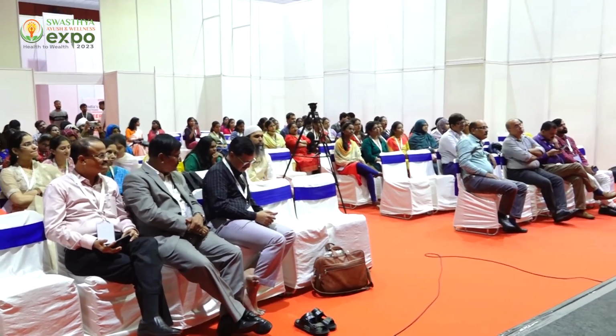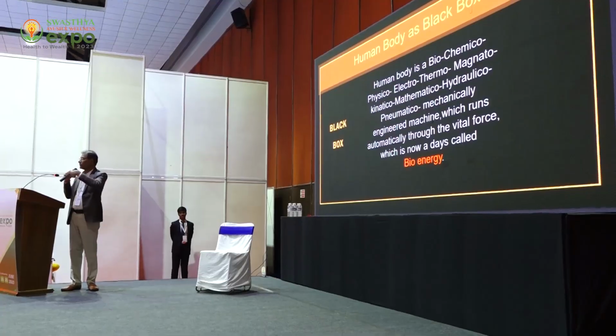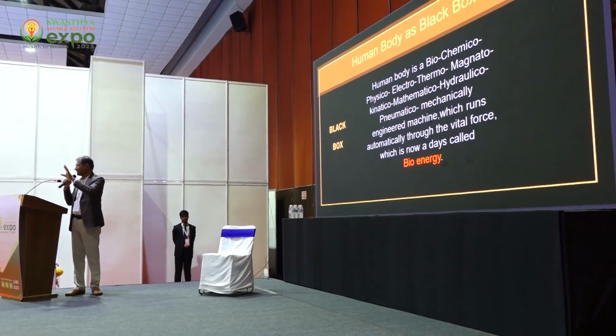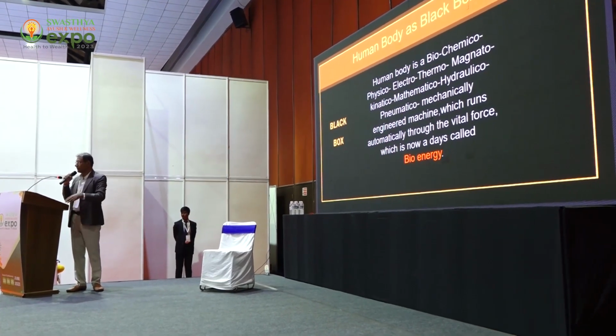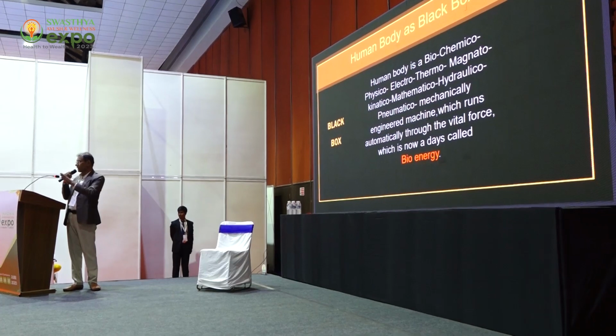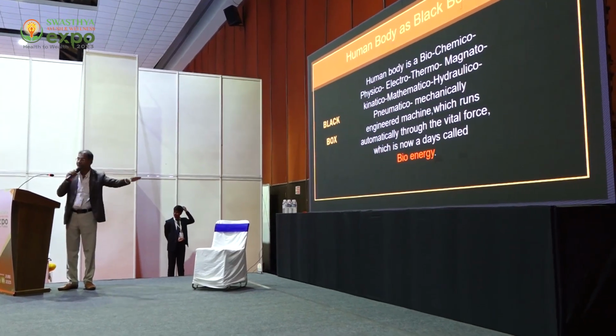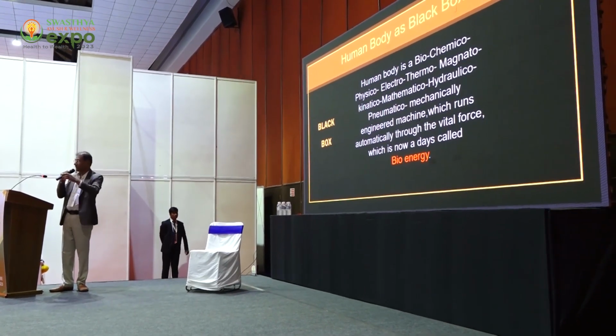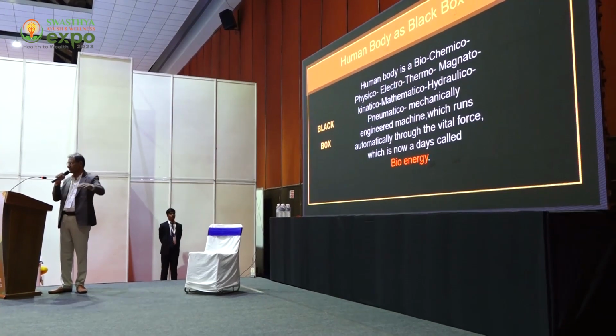Now, what is our interest to understand? More focus nowadays is given to biochemistry, or to pathology: okay, sugar has increased, go and check the blood, see that. But it is not only biochemistry; there are many things which are untouched or given less importance.